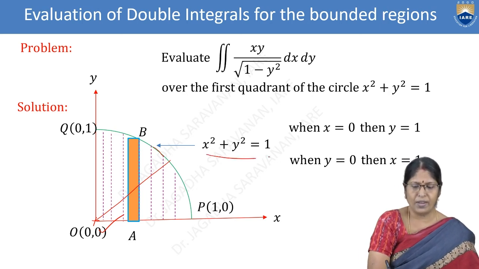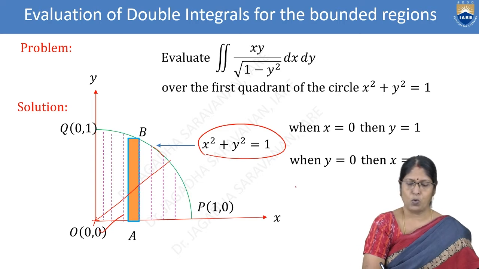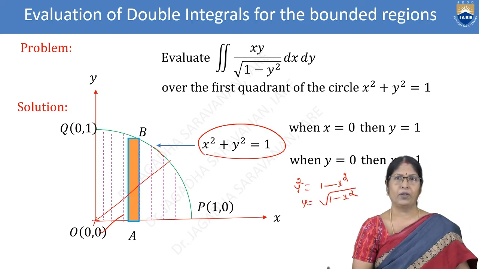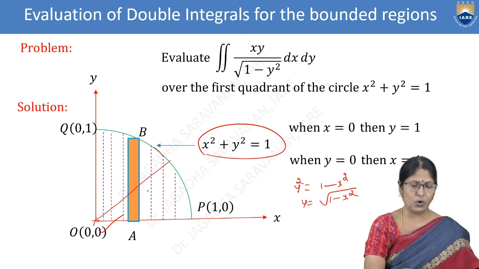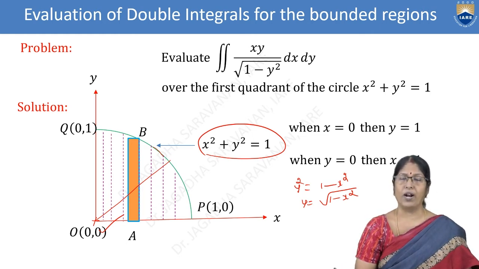So from here we extract y: y squared equals 1 minus x squared, so y equals square root of 1 minus x squared. So y goes from 0 to square root of 1 minus x squared. That is the limit.